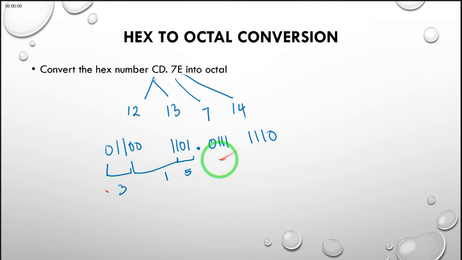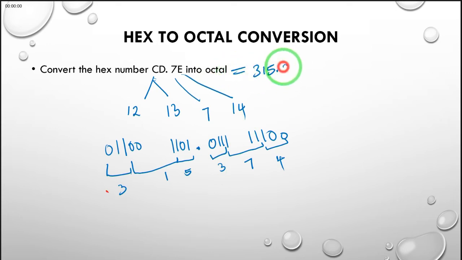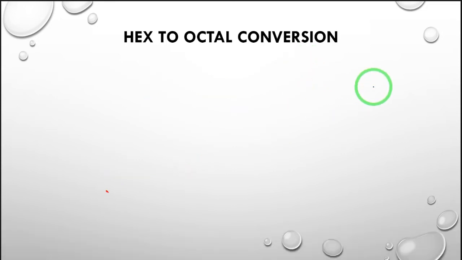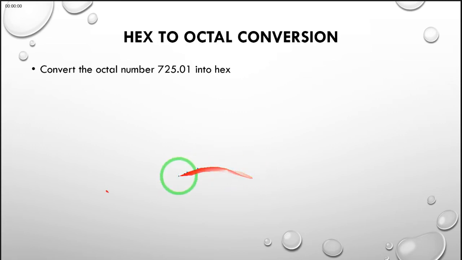On the other side, we start grouping them into 3, and what we find is we have 011, which is equivalent to 3, and 111 is equivalent to 7, and 100, where we can always add a 0 at the end, is equivalent to a 4. So the final answer in octal of this number is 315.374.